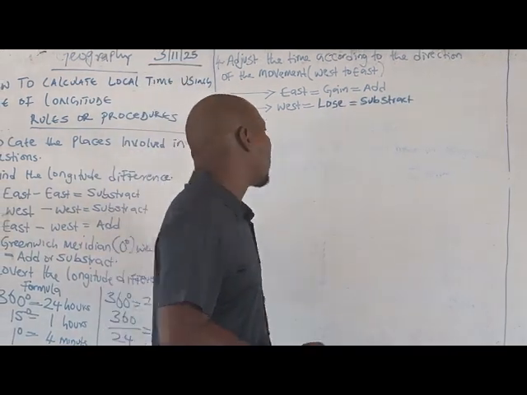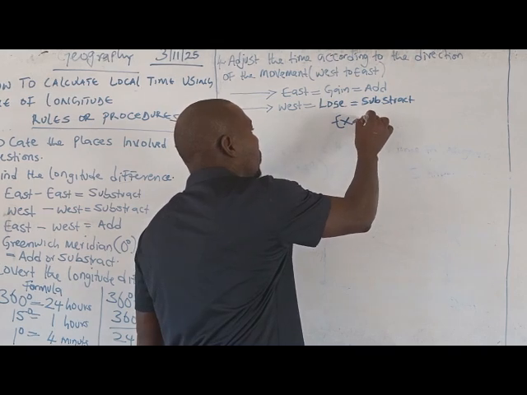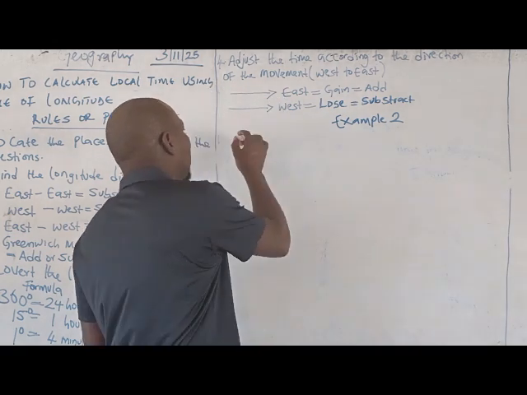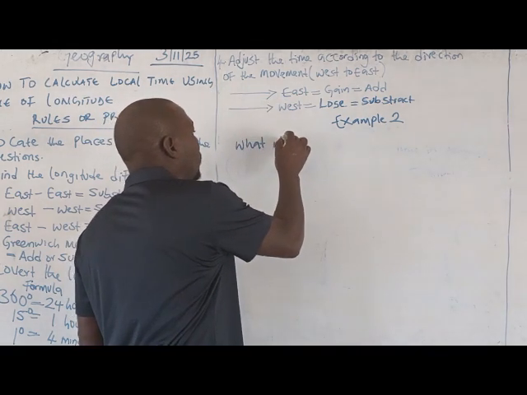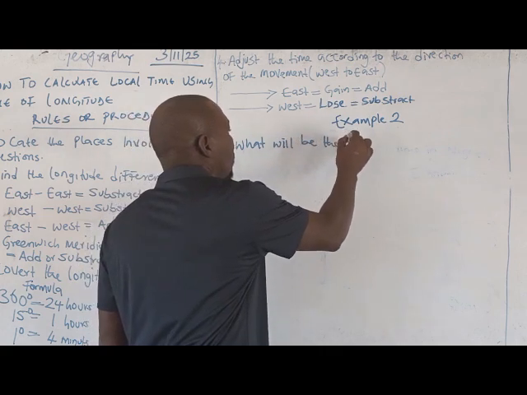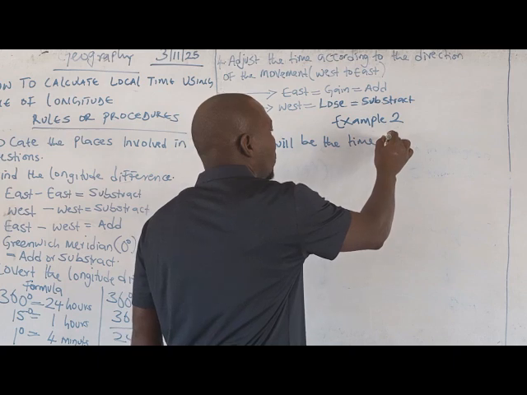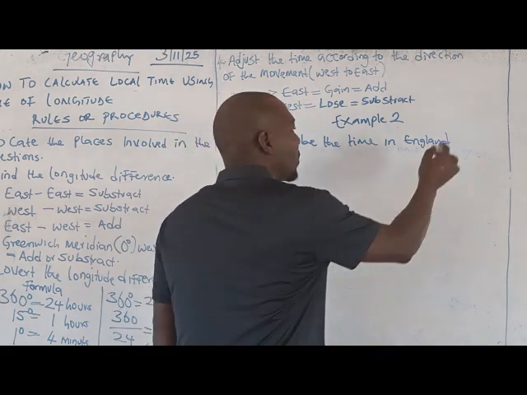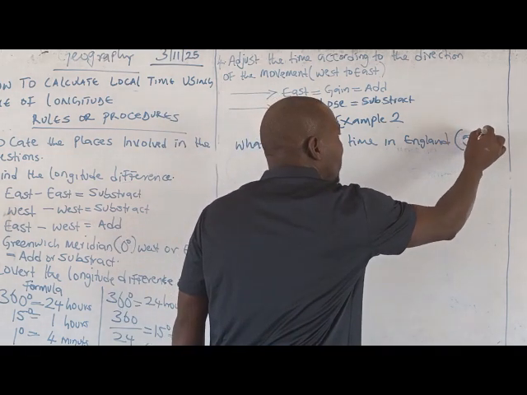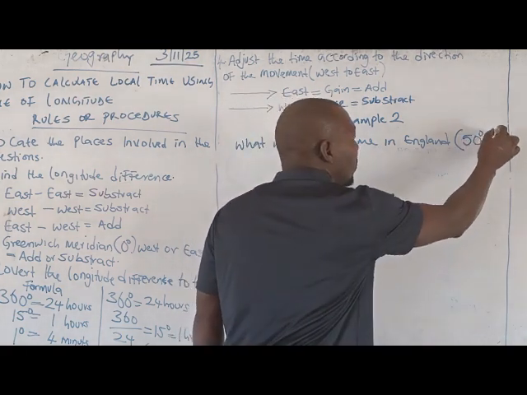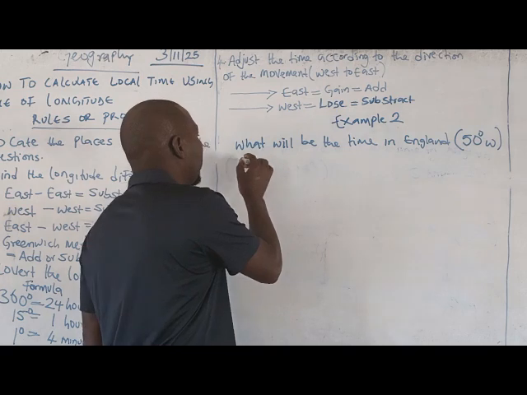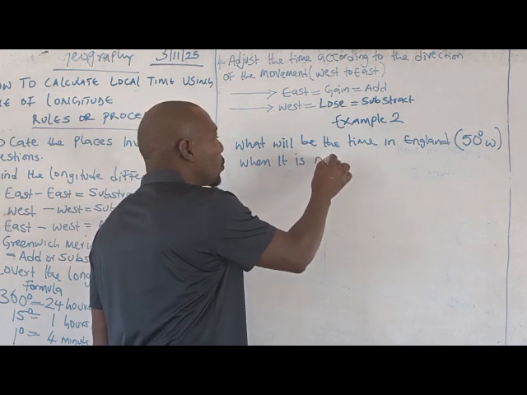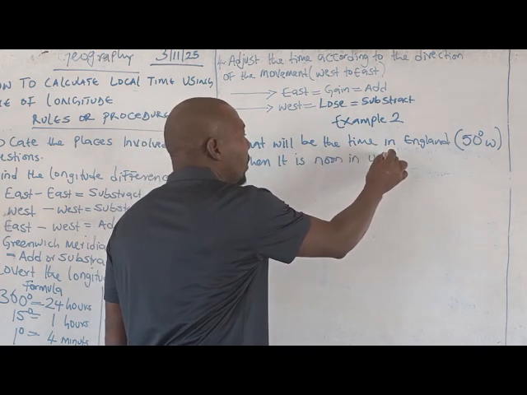Okay, let's look at example 2. It may be given: what will be the time in England, which they have given us as 50 degrees west, when it is noon in USA?